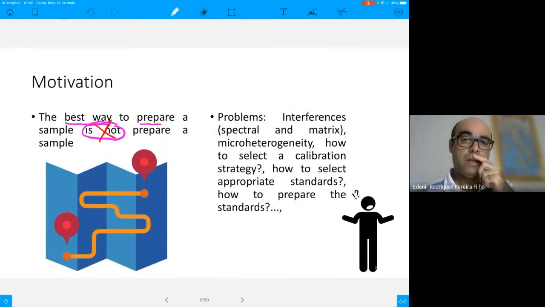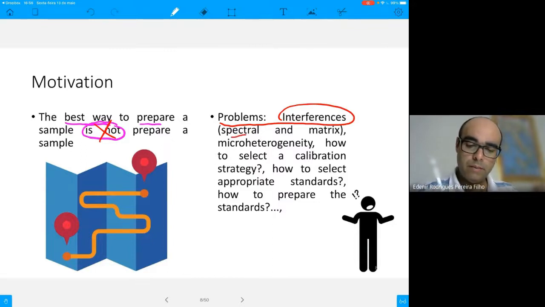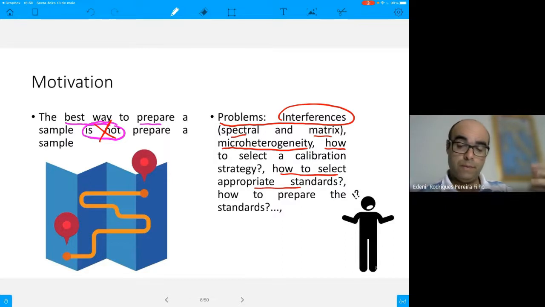But as we are not preparing the sample, we can face several problems like spectral and matrix interferences. We have micro heterogeneity of the sample, how to select a calibration strategy for quantitative analysis, how to select appropriate standards for quantitative analysis, how to prepare the standards.